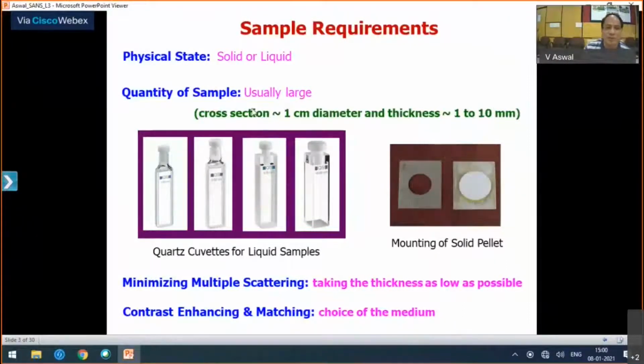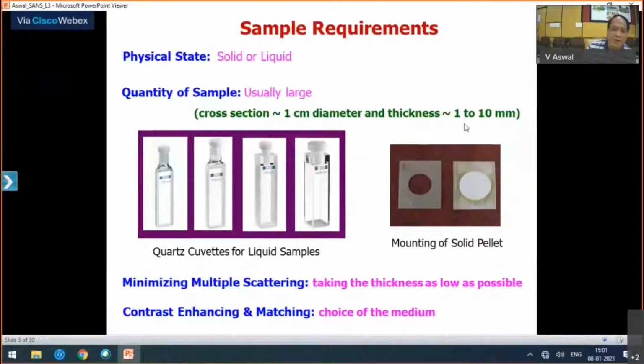For small angle neutron scattering, you need samples having a cross section of around 1 centimeter diameter, and thickness you can change from 1 to 10 millimeter. In most other techniques it's very small. Here it is quite large, and that is because the flux in the case of neutron sources is not that high, unlike other sources.